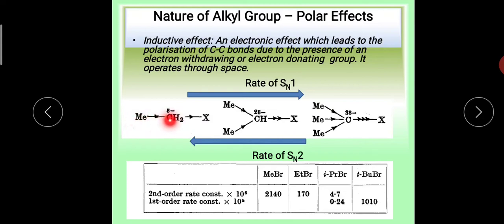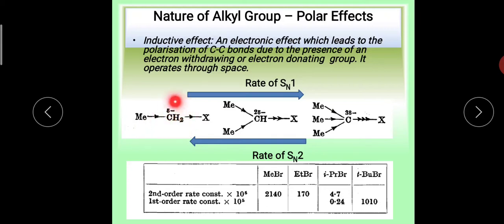They both did not carry any charge. But just because of the presence of a halogen atom, the bond between carbon-carbon has become polarized. Because halogen is electron withdrawing in nature, this carbon carries a positive charge, and just because it carries a positive charge, it will further try to move its electrons towards itself.